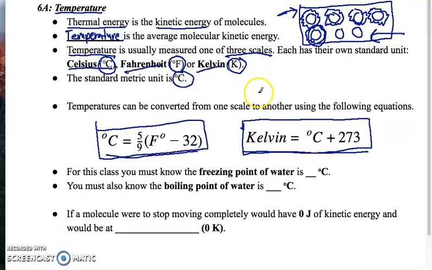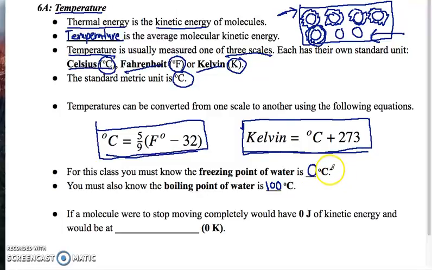Just simple algebraic equations. For this class, you only have to know two big temperatures, and then you could convert if you needed another scale. The first one's the freezing point of water, that's 0 degrees Celsius. And the other one's the boiling point of water, 100 degrees Celsius. Those two you definitely got to know. Not really too many other temperatures.